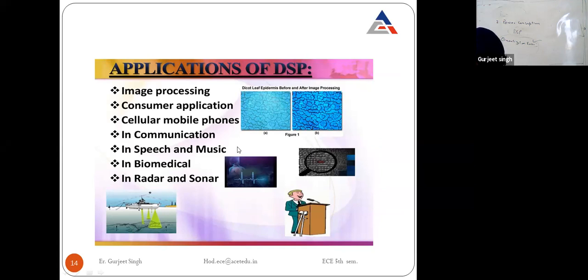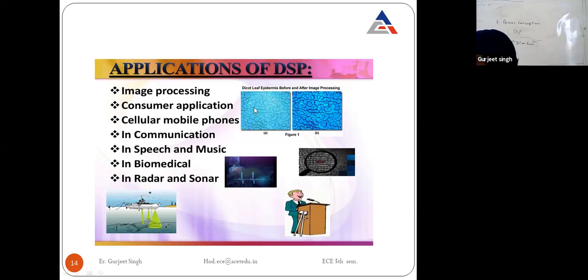Applications like Instagram, Facebook, and Snapchat are using digital signal processing. You can change your photographs and your contrast. This all comes under image processing.